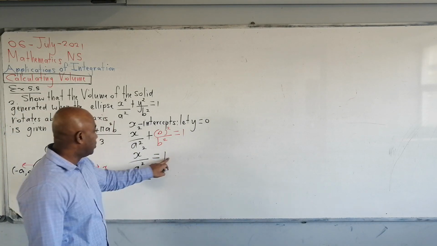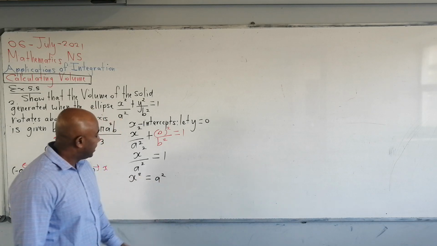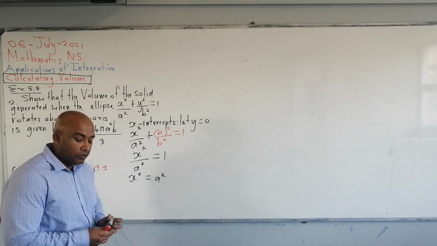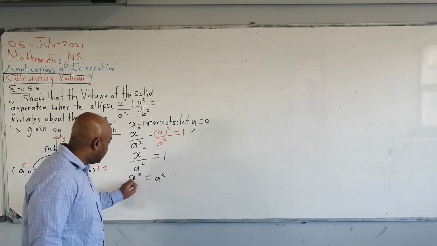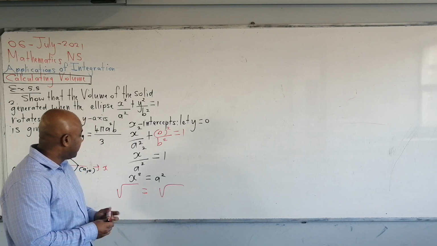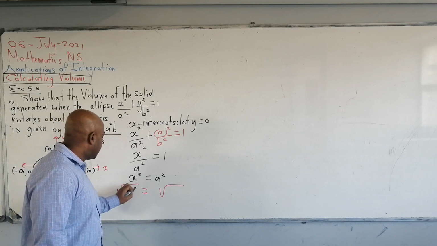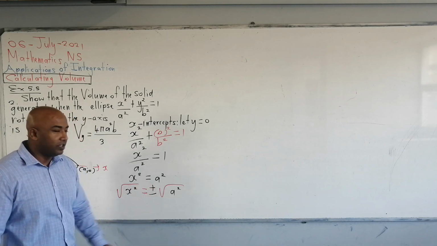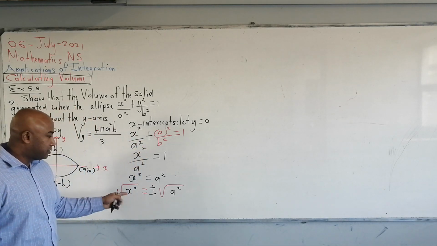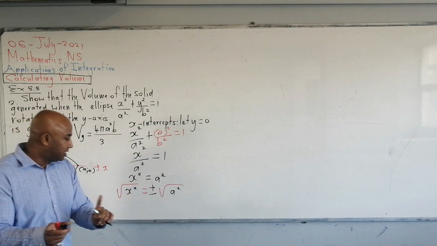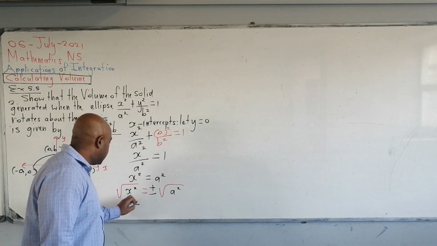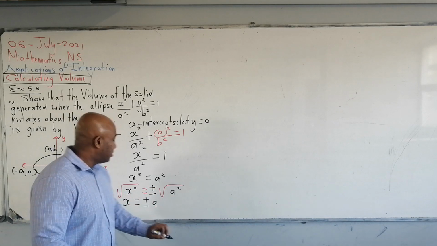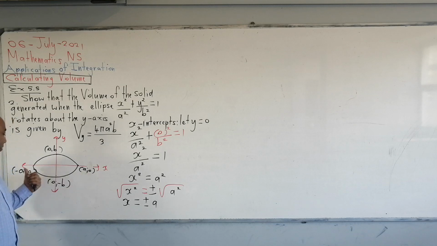So x squared is equal to 1 times a squared, which is a squared. Now I need to solve for x. So I will find the square root of both sides. Square root of x squared, square root of a squared. Remember, plus or minus. There's two possibilities. That's why you must put both signs whenever you're finding the square root. So that means x is equal to plus or minus the square root of a squared, which is just a. So that's why we get plus a and we get minus a.